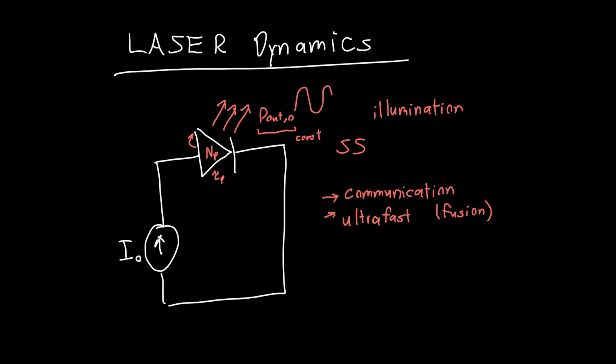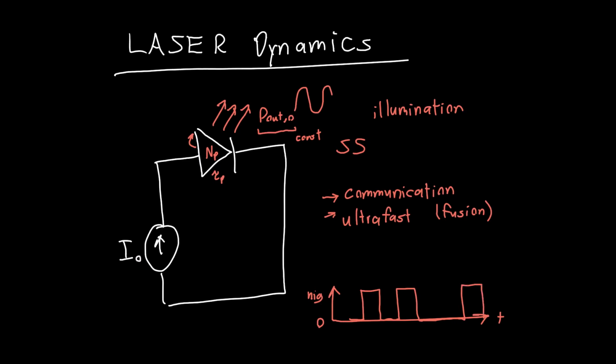So if you're interested in digital communication, for example, you might want the output power to look something like this. So it goes from very low output power to very high output power. And so you can transmit a stream of bits in this way.